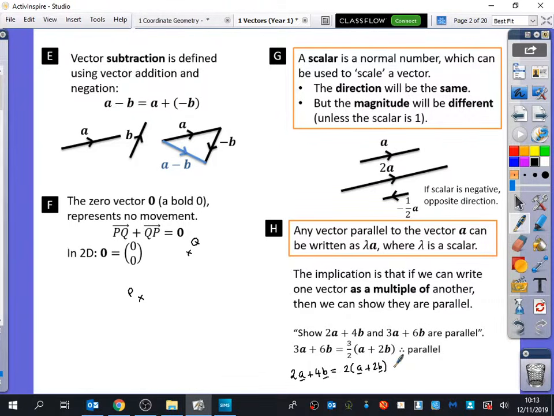So we can see here 3a plus 6b is a multiple of a plus 2b. 2a plus 4b is also a multiple of a plus 2b.